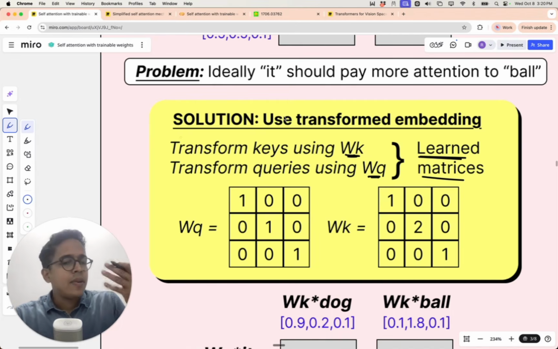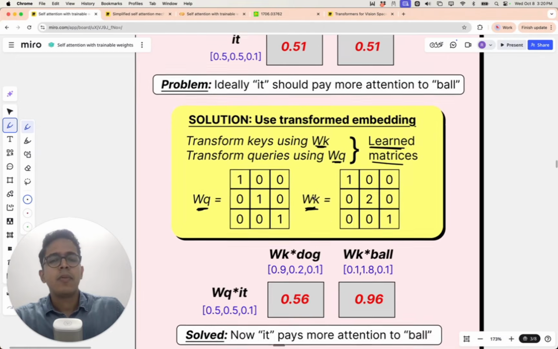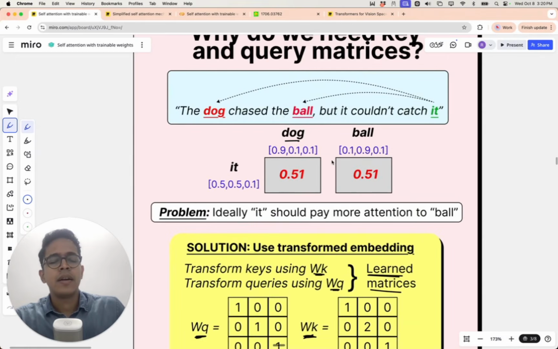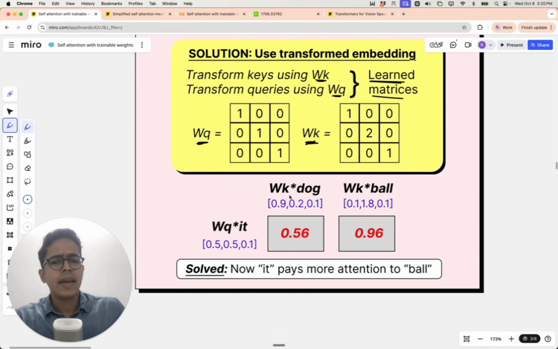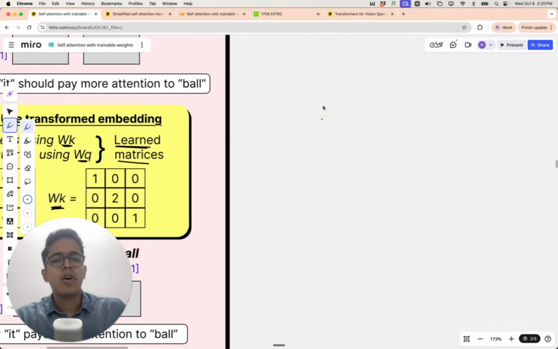Now, let's say after training my large language model, I got this weight matrix WQ, and then this weight matrix for key, WK. Now, what happens if I transform my dog vector using WK? How do we transform first of all? Here, the dog vector has a dimension of 1 by 3, and the weight matrix has dimension 3 by 3.